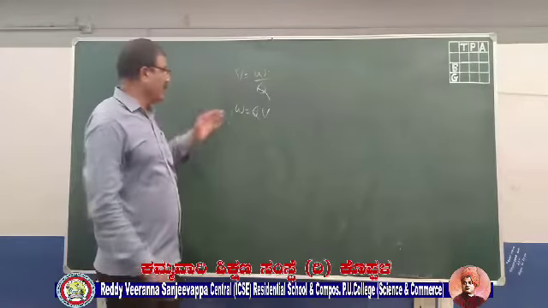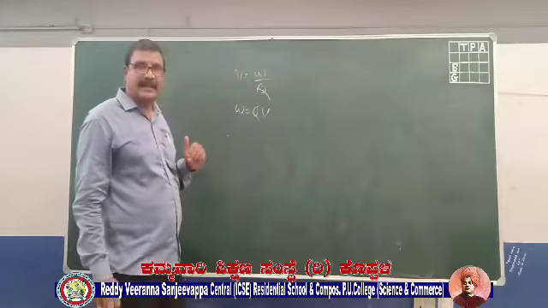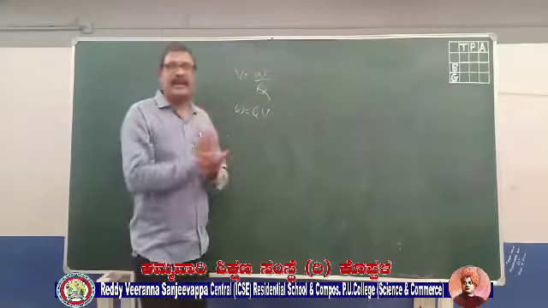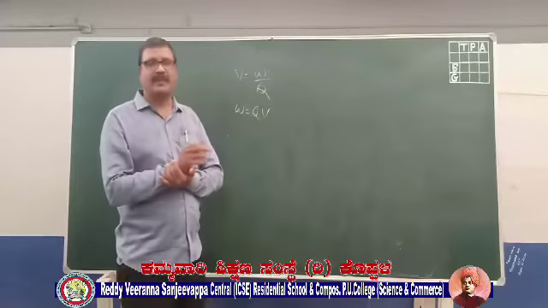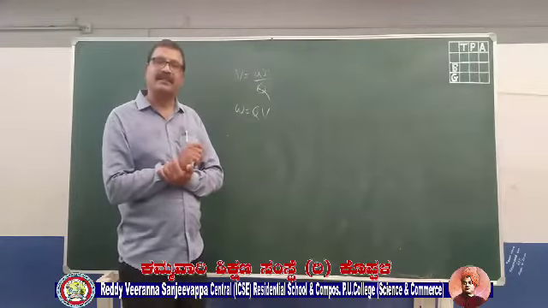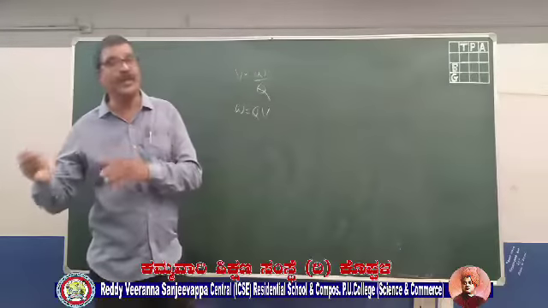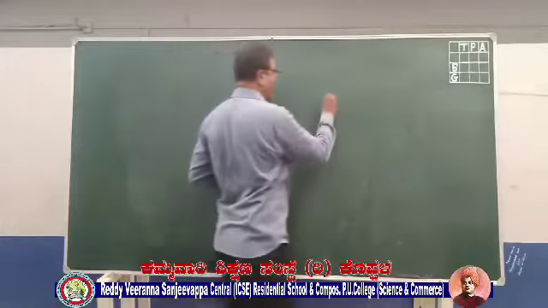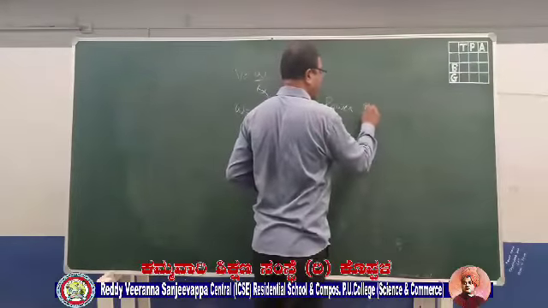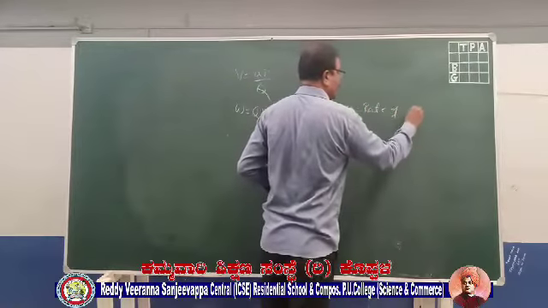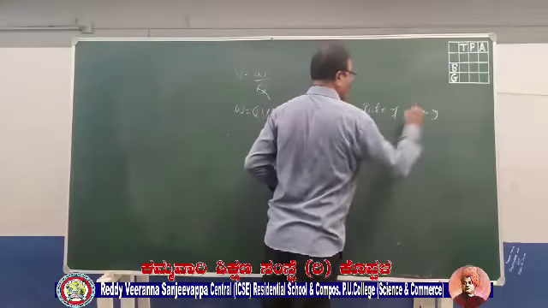Okay, so if QV is the work done, if we go back to the earlier standard, how do you define power? Power is the rate of doing work. I'll just write it down for your remembering. Power is rate of doing work.